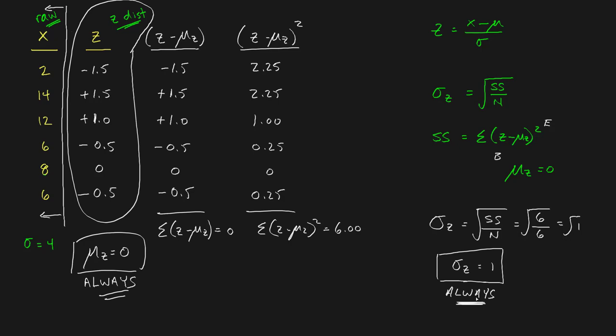I can show you how to get a feel for what's happening with that. Let's look for a moment again at our raw distribution. In the raw distribution, the mean was equal to 8. So here's a value, 8. This is the mean right here. If I wanted to look at a score that is 1 standard deviation away, let's say right here, 12 is 1 standard deviation above the mean.